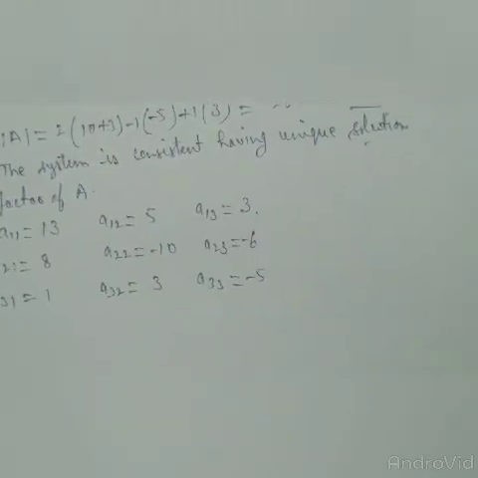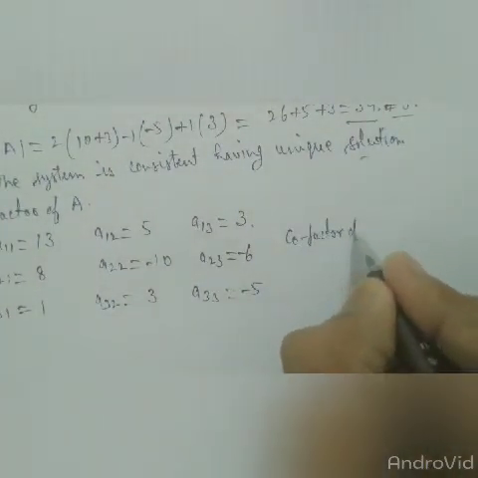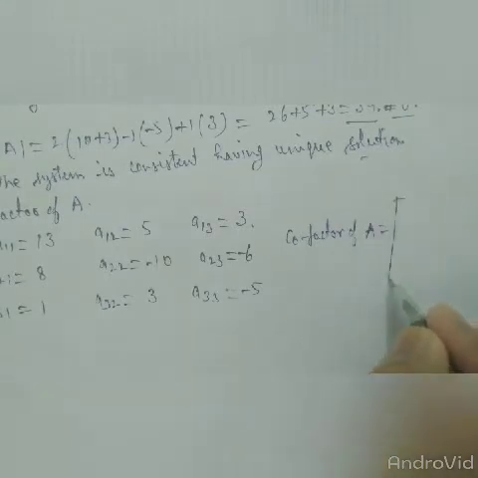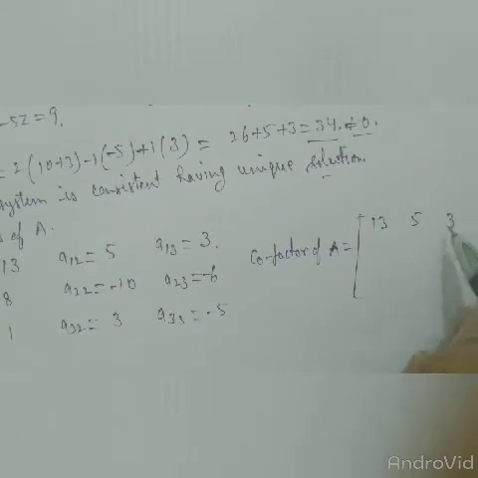Okay, so the cofactor of A we write as 13, 5, 3, 8, minus 10, minus 6, 1, 3, minus 5.